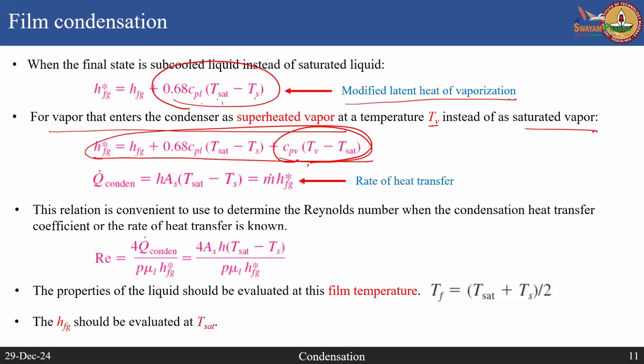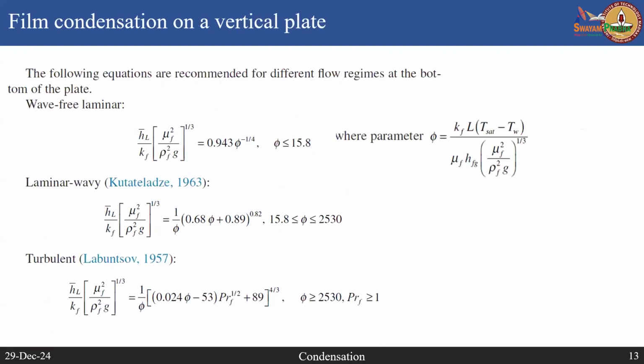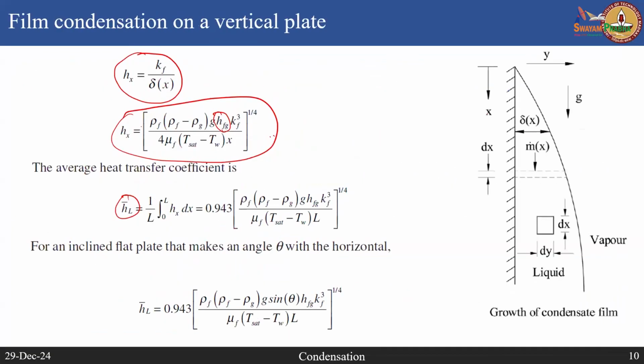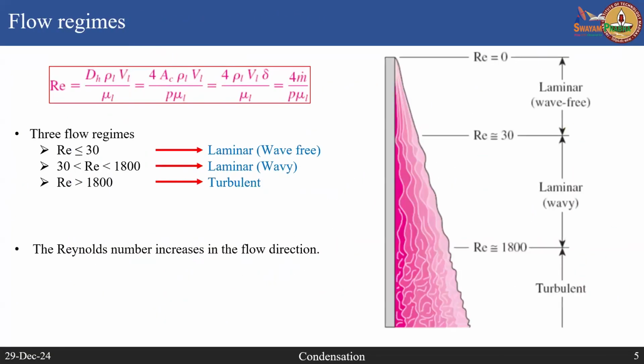And the other important thing is that when you look at the film condensation, the condensate is going to flow down, and there are different regimes of condensation in the film wise condensation itself. For example, you use what is called the Reynolds number here. So, the Reynolds number is calculated based on the hydraulic diameter. If it is, for example, a plate, accordingly you use only the length.